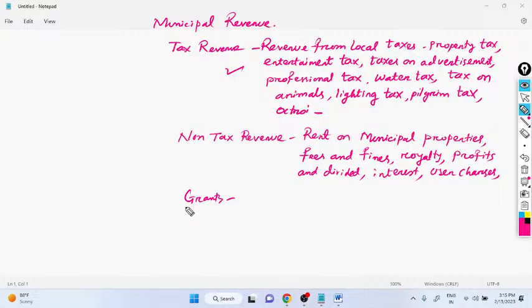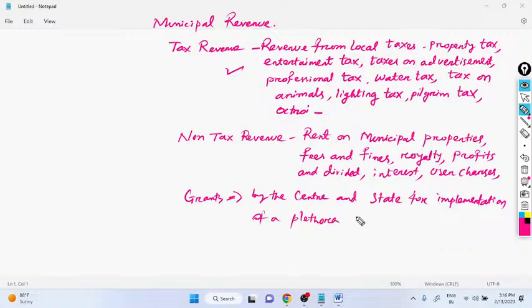Grants to municipal bodies by the center and states for implementation of a plethora of developmental programs.